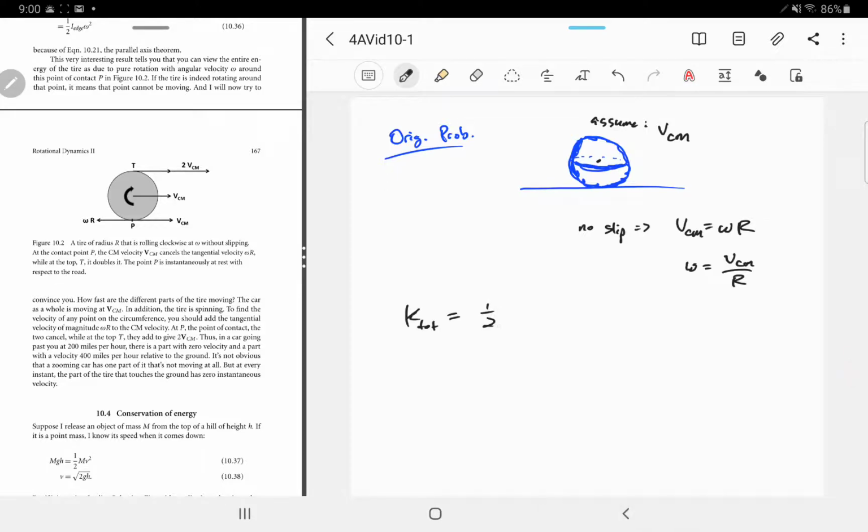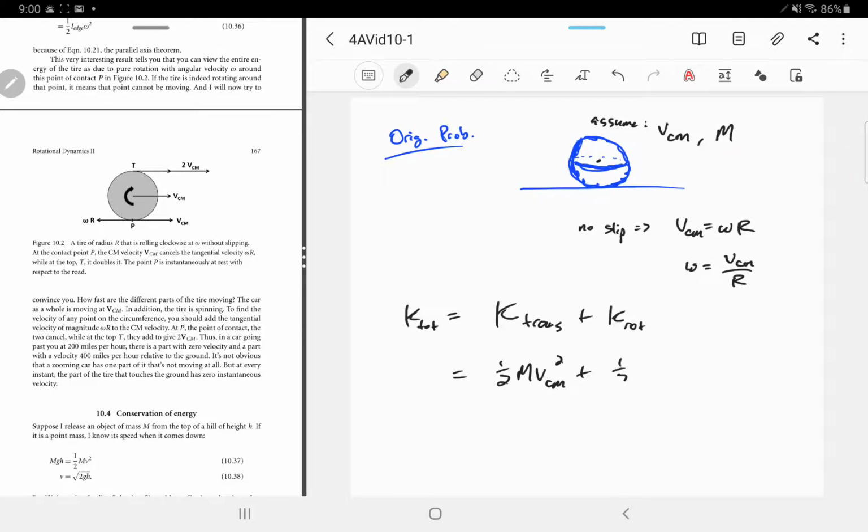I guess we're also assuming the total mass of the sphere is m. Maybe I'll be explicit here. This is K translational plus K rotational. And K translational is 1/2 m VCM squared.